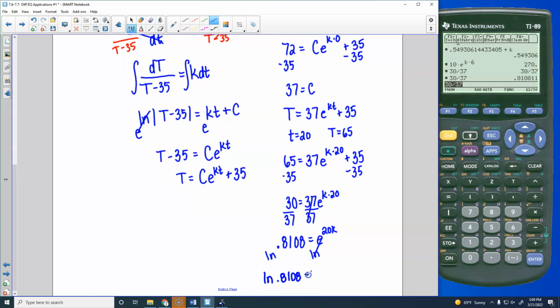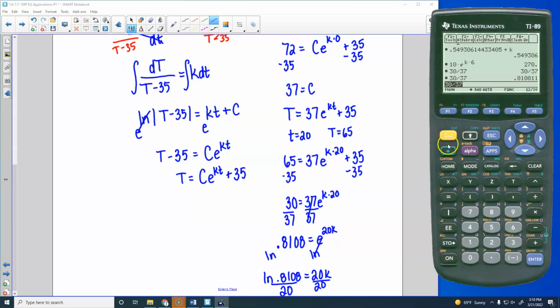Natural log of 0.8108 equals 20k. We'll divide by 20. You'll get a value for your k.